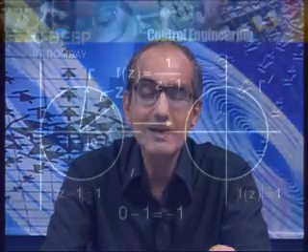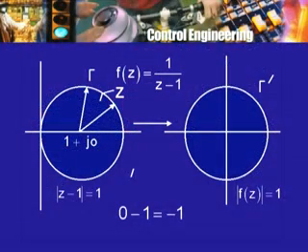In this case, it is not too difficult to figure out what the image contour is going to look like, because look at the denominator z minus 1. Now z is any point on the contour gamma. So what is z minus 1? Geometrically it is this vector; this is z, this is 1, so this is z minus 1. So as the point z moves along the contour gamma in the counterclockwise sense, what is happening here? This vector is going to rotate, but its length is going to remain fixed.